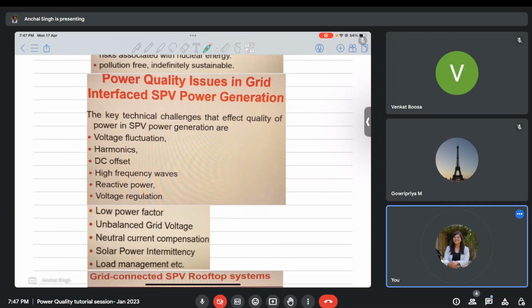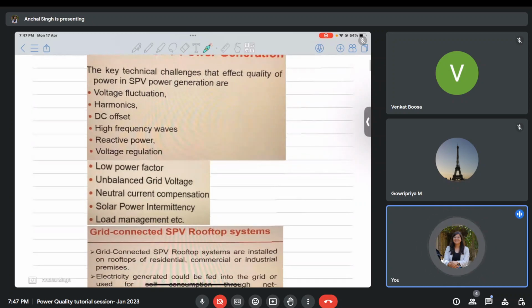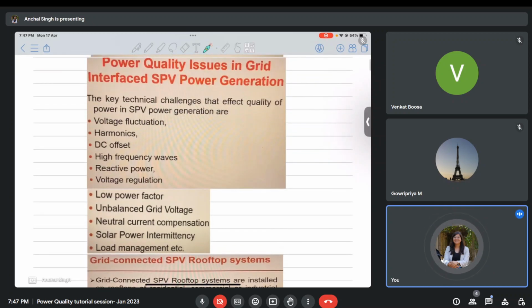Now, power quality issues in grid interfaced solar PV power generation. When you connect the grid with solar PV, there are a few technical problems that come into picture. Some are voltage fluctuations, harmonics, DC offset, high frequency waves, reactive power, voltage regulation, low power factor, unbalanced grid voltage, neutral current compensation, solar power intermittency, and load management.